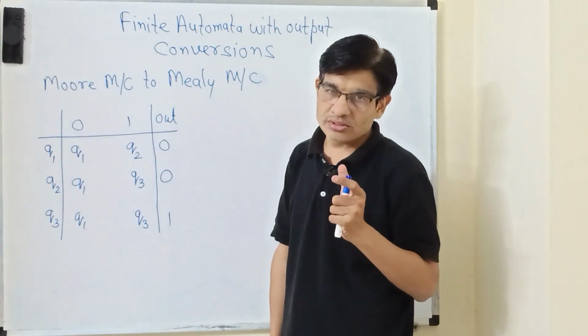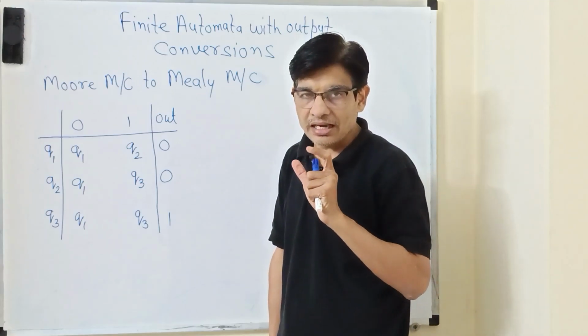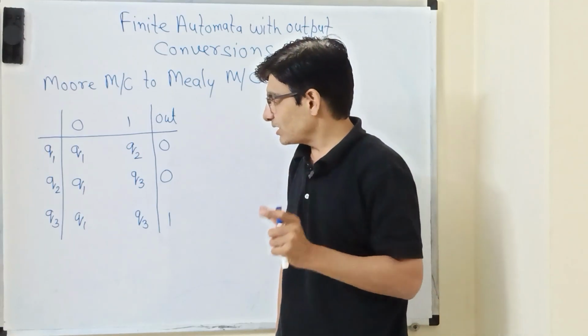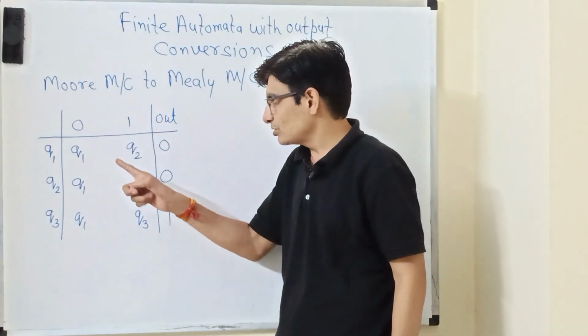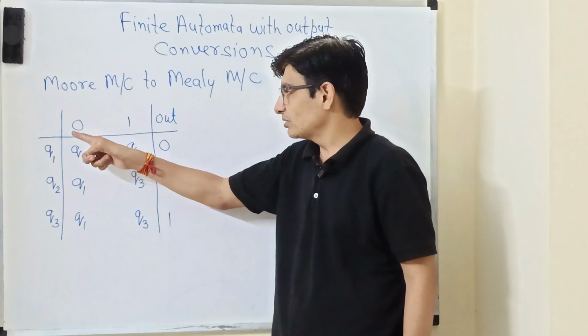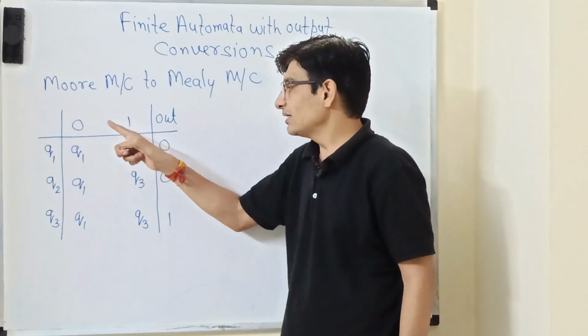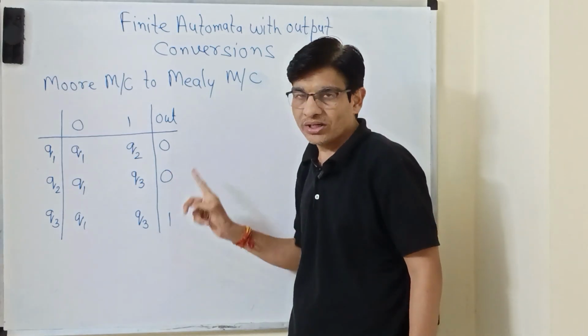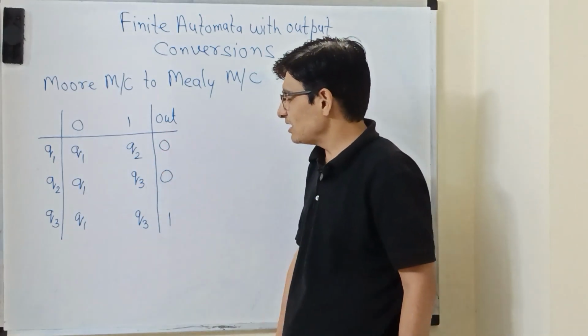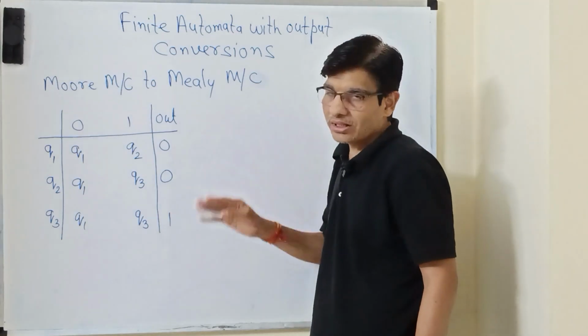So these two types of symbols are written separately, but they can be the same or maybe different. In this case also you can see the inputs are 0 and 1, and the outputs are also 0 and 1. So here in this example these two are the same.